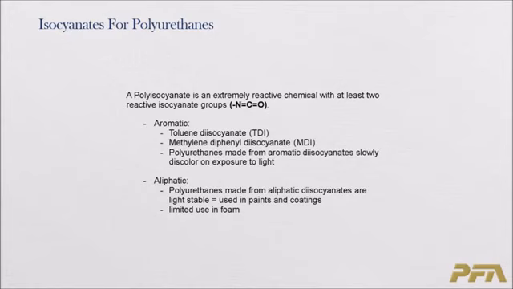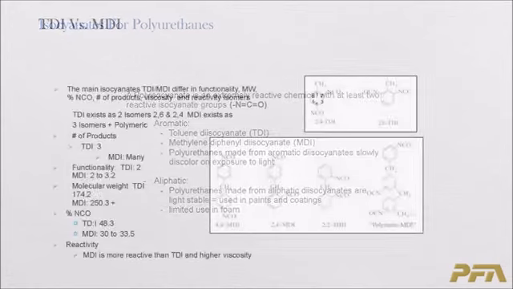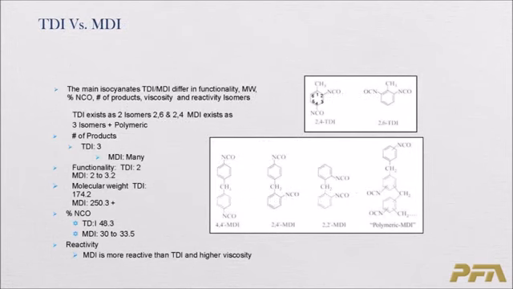So the two aromatic ones, as I said, are TDI and MDI. And they really vary quite differently in terms of their functionality, their molecular weight, and the number of products. TDI exists as two isomers, the 2,6 and the 2,4. And you can see what the numbering system is here. It starts out with the methyl group on the aromatic ring, so you get the 2,4 and the 2,6 isomer.